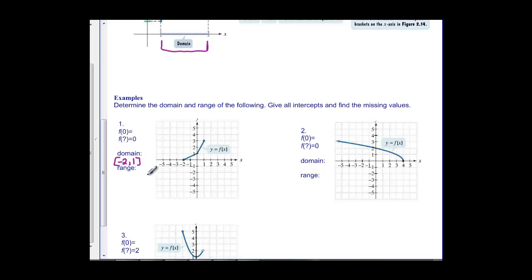The brackets include the endpoint. So the brackets are kind of like the filled in circle, okay? We'll talk about it more in just a second.